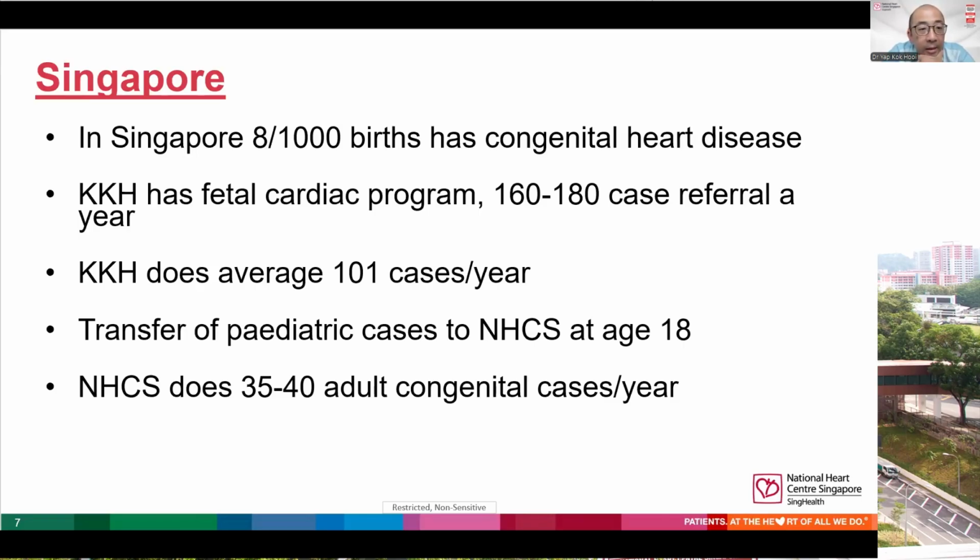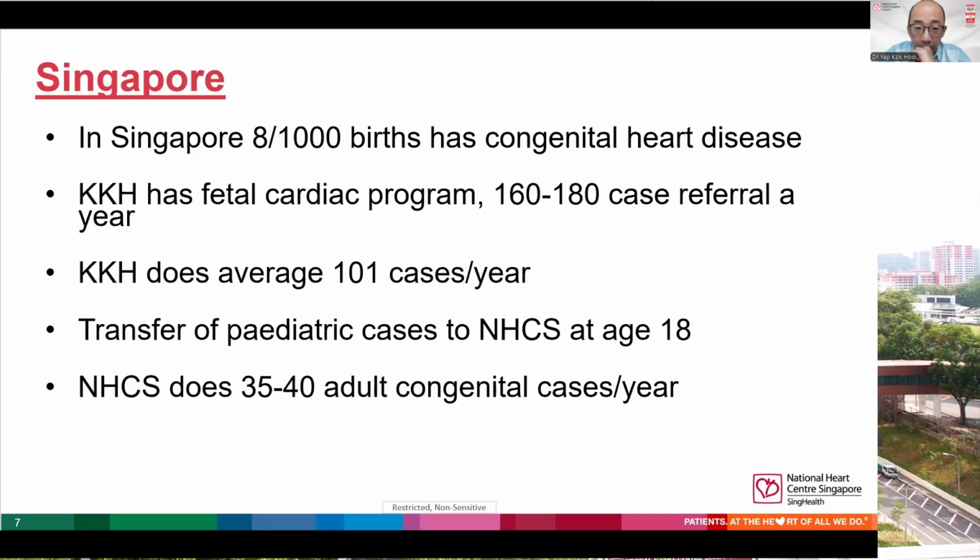In KK, there is the fetal heart program. One of the reasons is that Singapore is a well-developed country, so we have a very good fetal cardiac program. Fetal means the babies are not yet born, they are still in the pregnancy. During pregnancy, some doctors may be able to diagnose heart problems, then they send the babies to the fetal cardiac program.